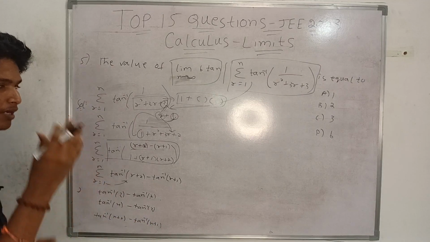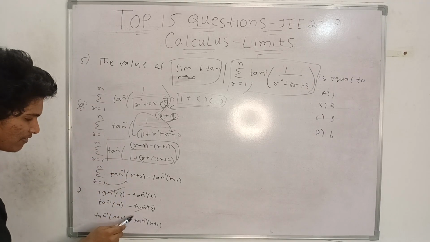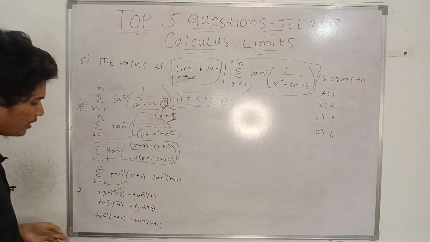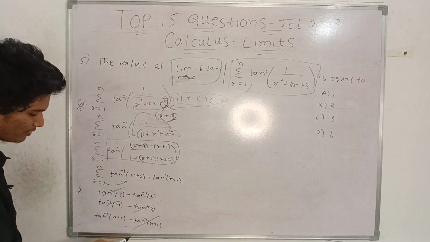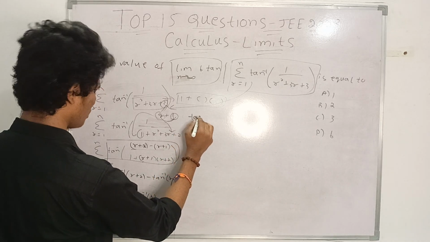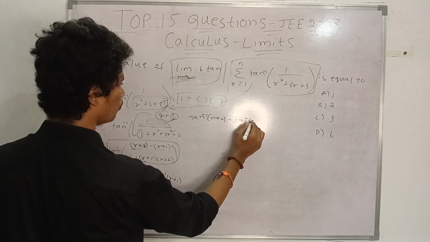Now we cancel tan inverse of 3 with tan inverse of 3, tan inverse of 4 with the next term, and so on. The remaining terms are tan inverse of n plus 2 minus tan inverse of 2.